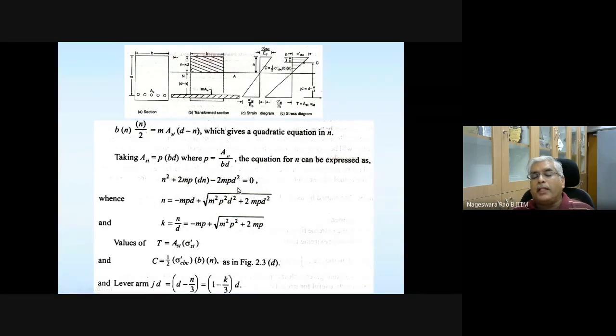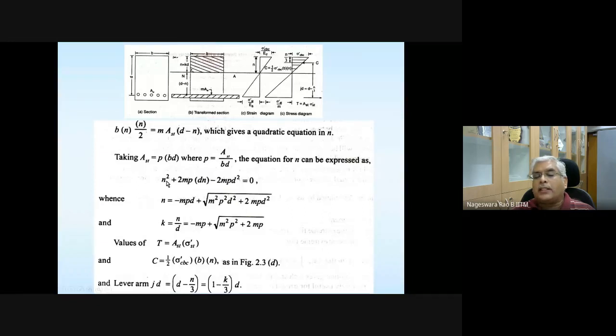In terms of p, this quadratic equation can be rewritten like this, and you can go back to your high school mathematics, find the roots of this equation, take the realistic root, and then you find the neutral axis depth.